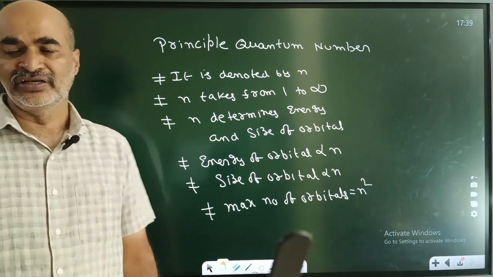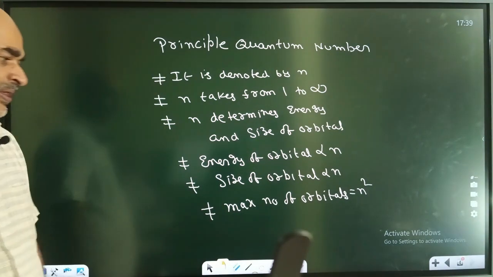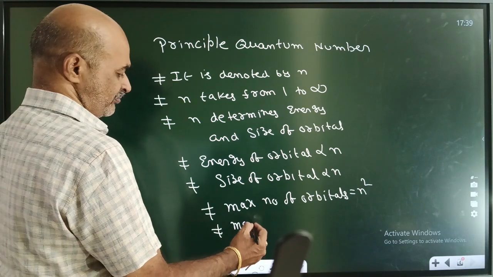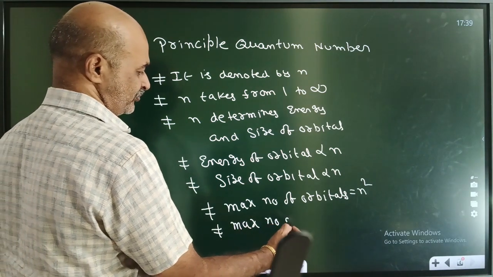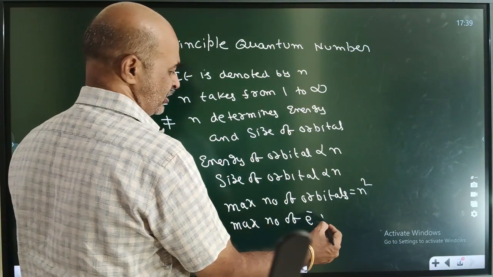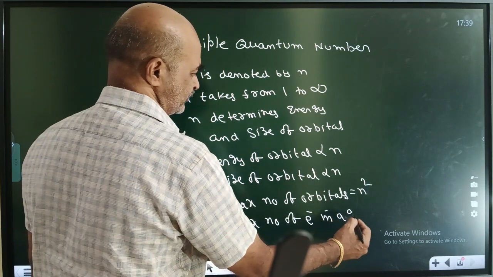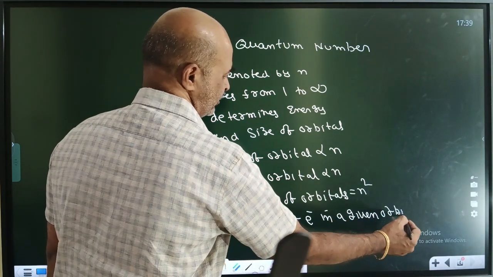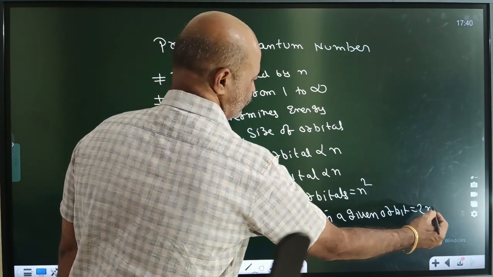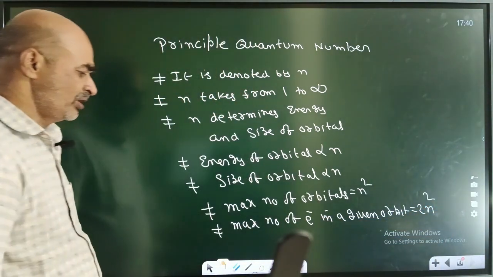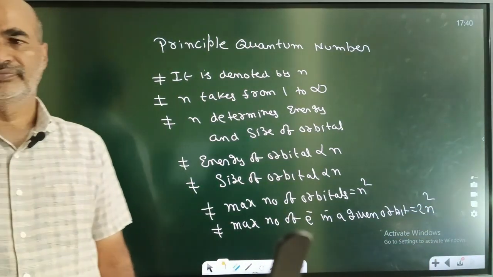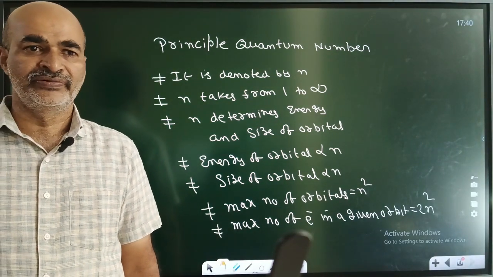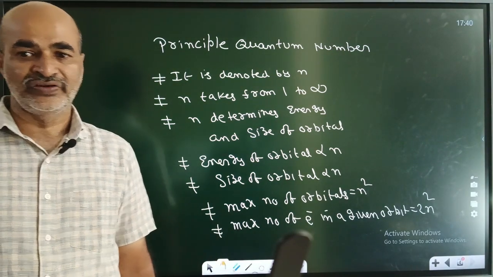The maximum number of electrons present in a given orbit is equal to 2n square.